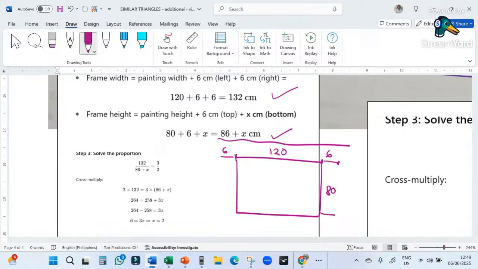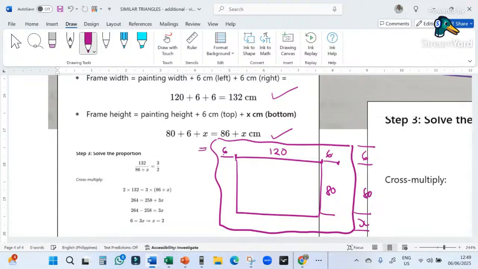But because it's on a frame, the length of the frame will be 6 here, 80 here, and X here. All right. So 120 plus 6 plus 6 will give you 132 for the width, and the height will be 80 plus 6 plus X. So 86 plus X, right?